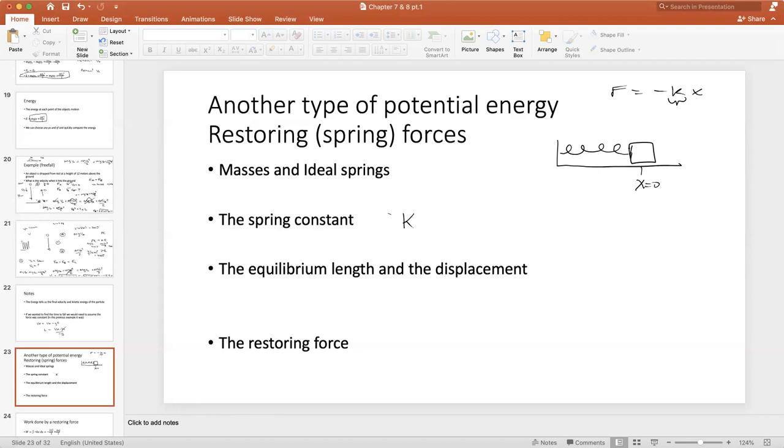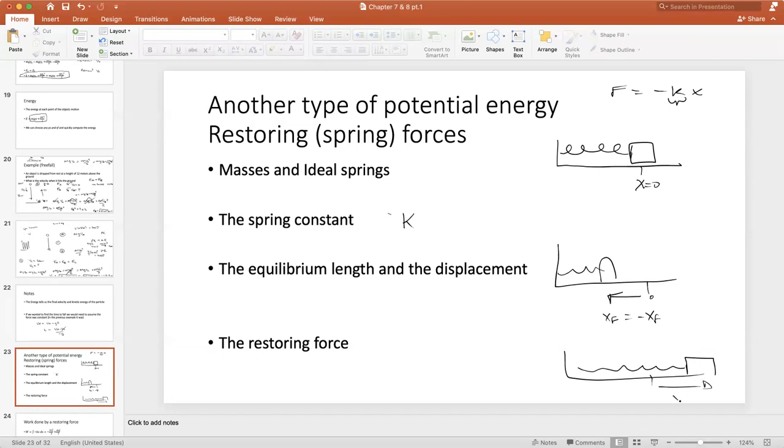But really, the only thing we care about is that when the spring is in equilibrium, it's neither stretched nor compressed, x is 0. And we say that if we compress the spring, so we push the block in from 0 to x final, we would say that this is negative x final. And if we stretch it, we would say this is positive x final. So when we stretch it away from the anchor point, you could also flip these 180 degrees.